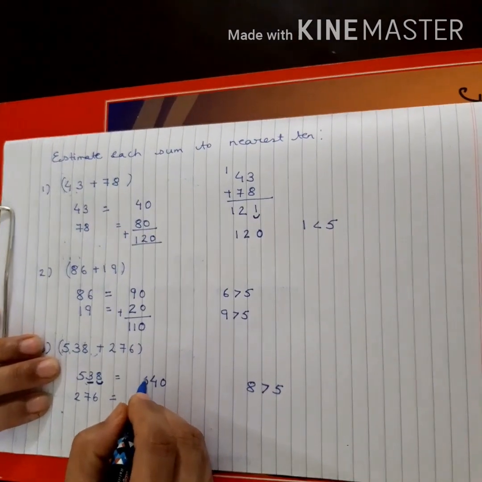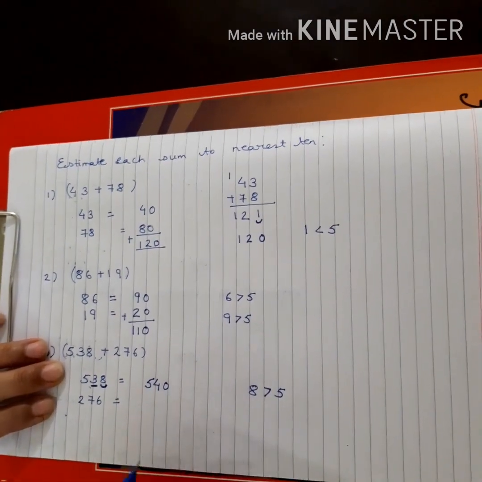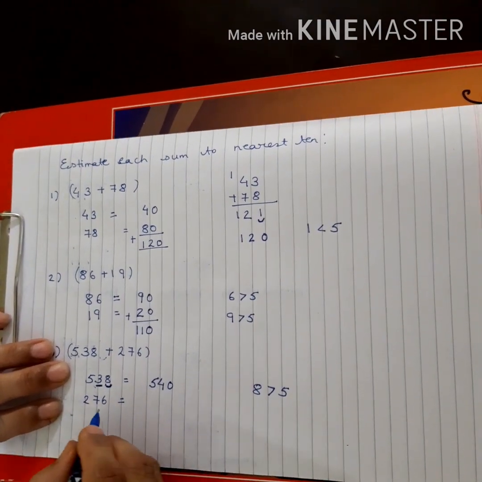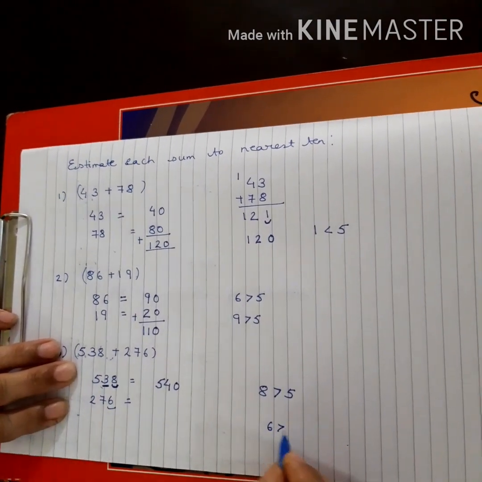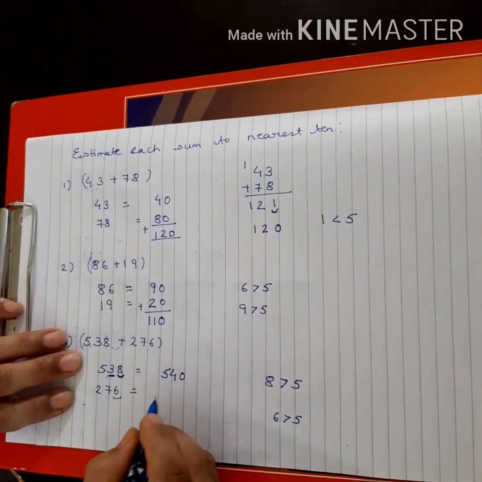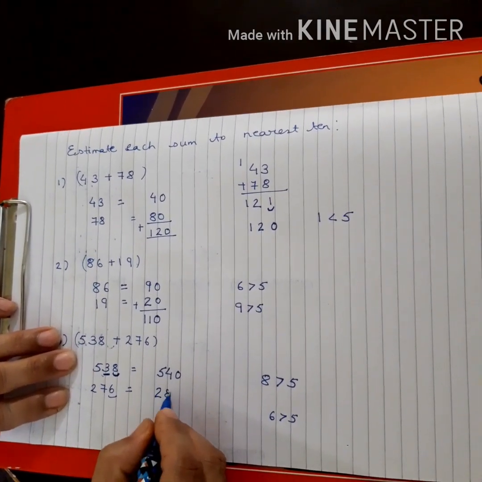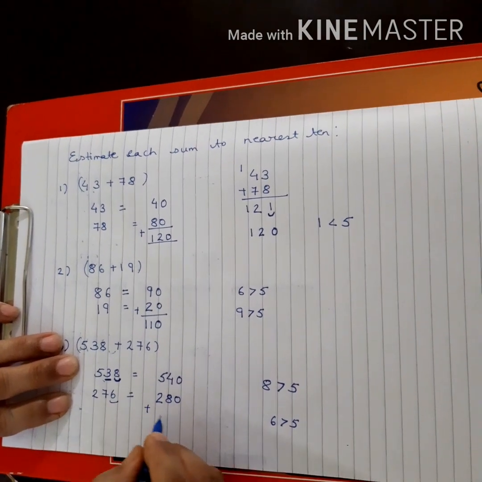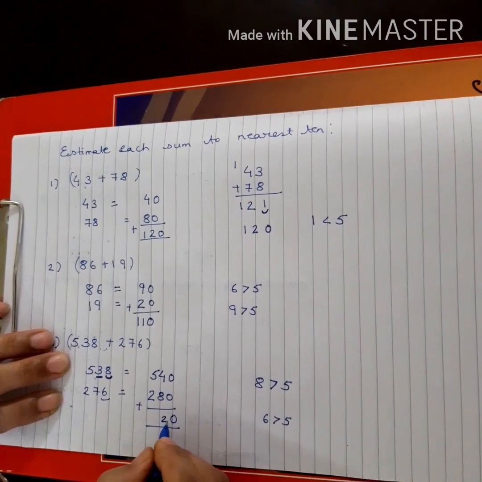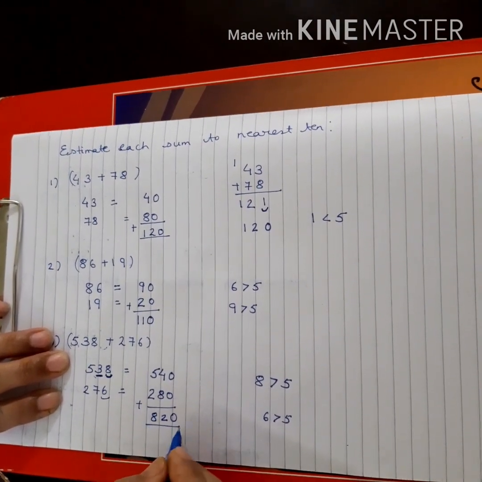This will become 0 and the number will become 540. And this 276, this 6 is also bigger than 5, so this 7 will also increase by 1 and it will become 280. Now we will add both the numbers and the sum is 820.